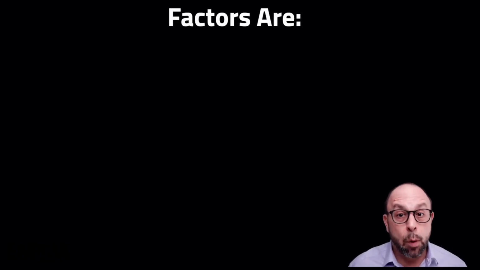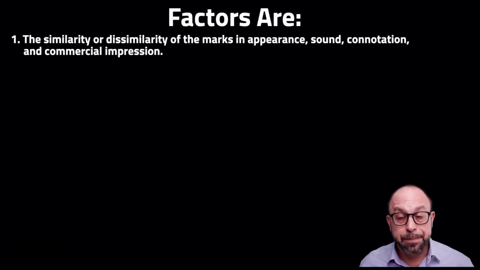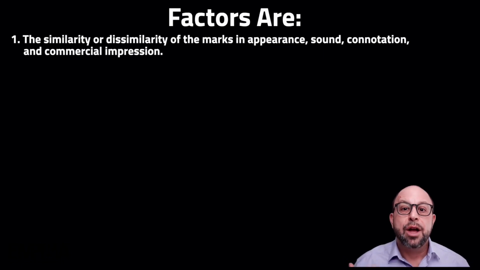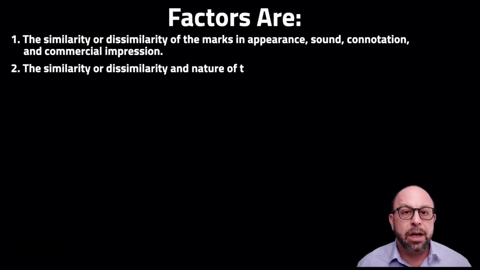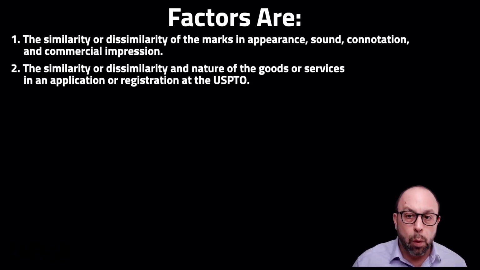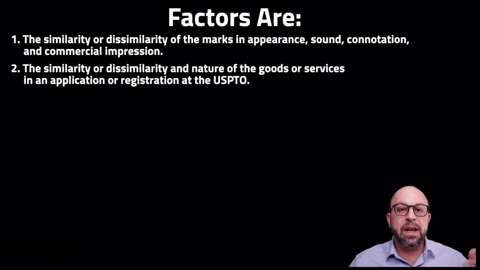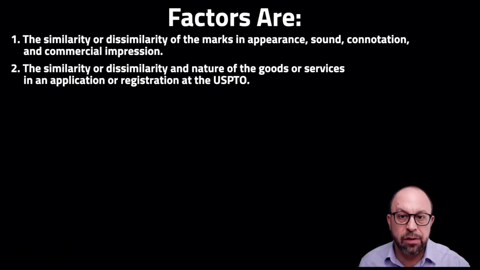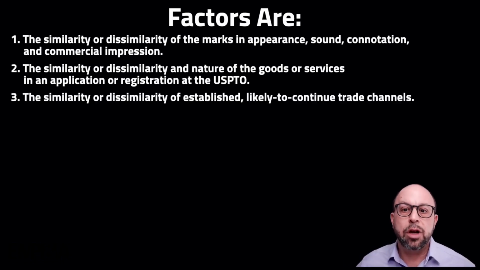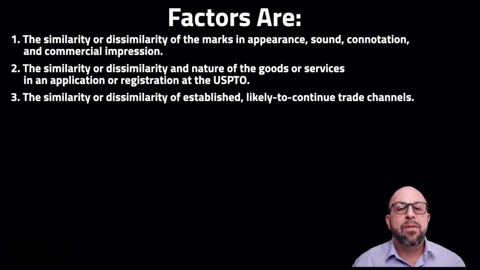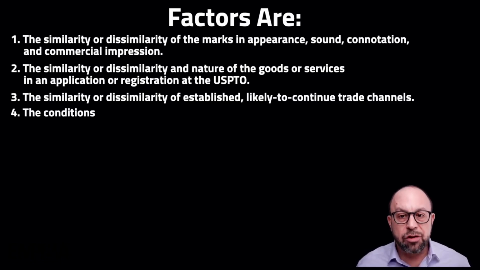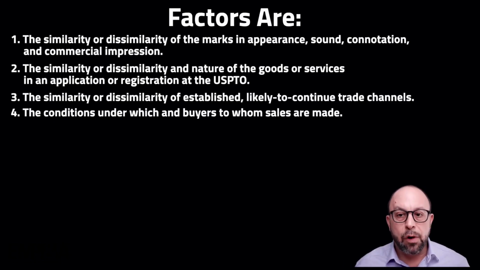So the factors are: 1, the similarity or dissimilarity of the marks in appearance, sound, connotation, and commercial impression. 2, the similarity or dissimilarity and the nature of the goods or services in the relevant applications or registrations at the USPTO. 3, the similarity or dissimilarity of established, likely-to-continue channels of trade. 4, the conditions under which and buyers to whom sales are made.